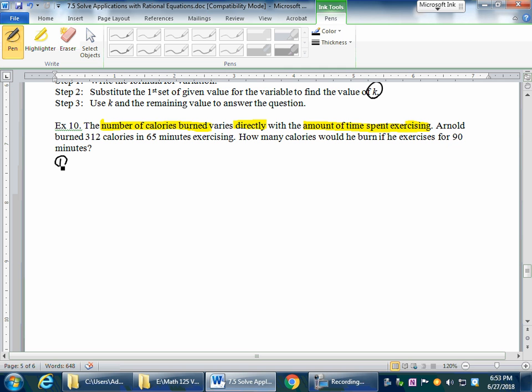So first up, I would say let n be equal to the number of calories burned. Okay? And then t will be equal to the time spent exercising.